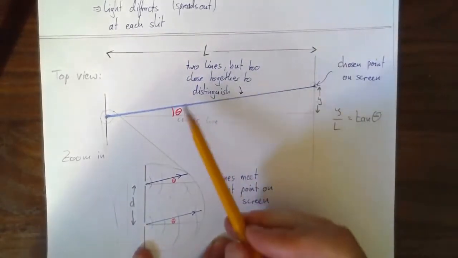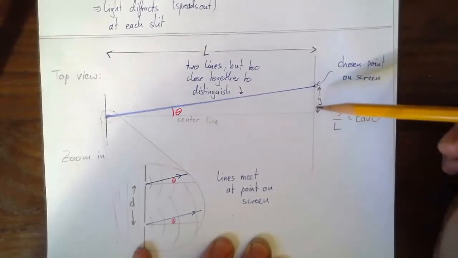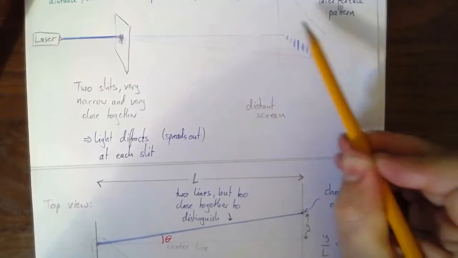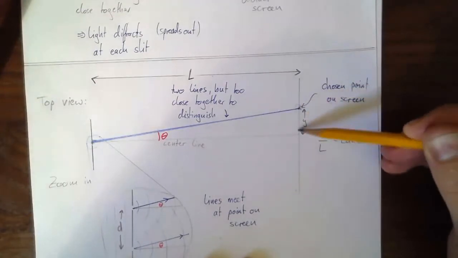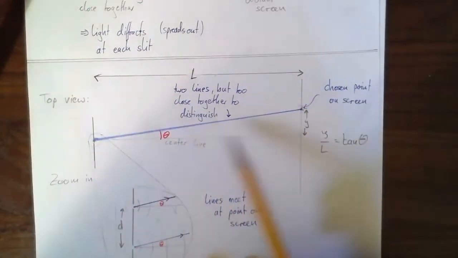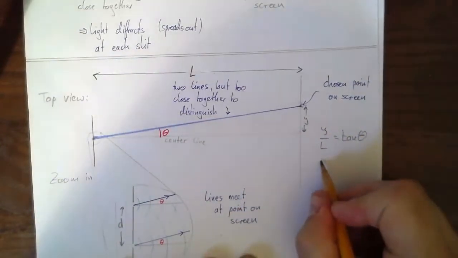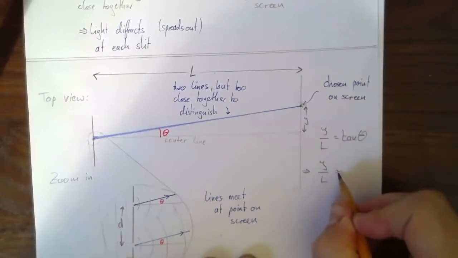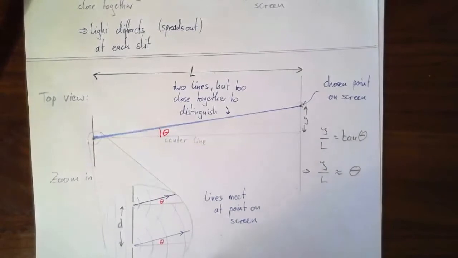But because this angle is very, very small, if I look at the actual pattern of light and dark fringes on a wall, which you'll be looking at in the lab as well, it's a few centimeters maybe, compared to a couple of meters. So the angle theta is going to be very small, so I can make this small angle approximation where tan theta is approximately theta.